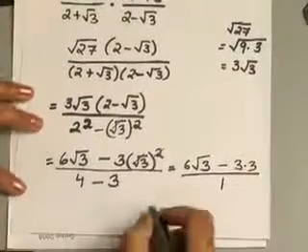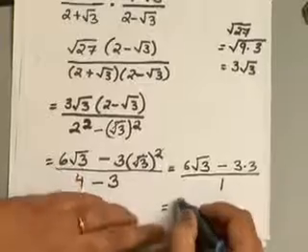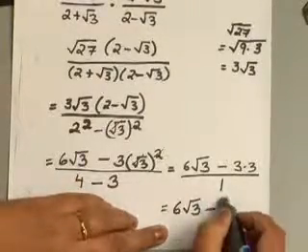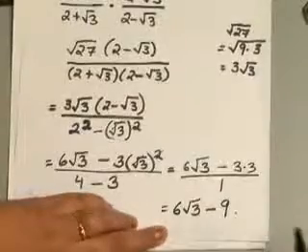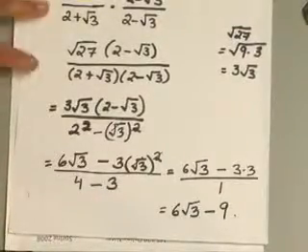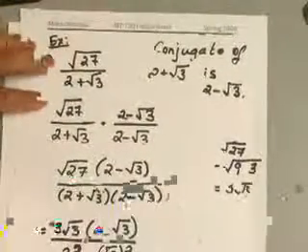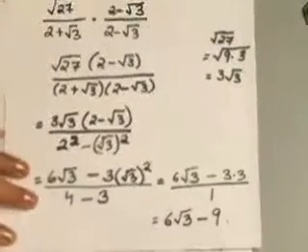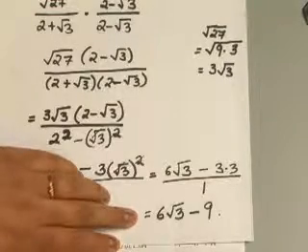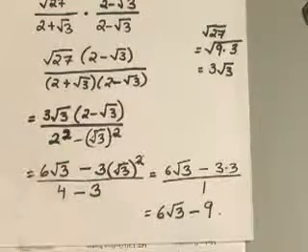And when you simplify this further, you end up with 6 square root of 3 minus 9, 3 times 3 is 9, and you don't have to put that 1 anymore. And that will be your answer. So we started out with square root of 27 over 2 plus square root of 3, and this is what you end up with when you rationalize your denominator, 6 square root of 3 minus 9.